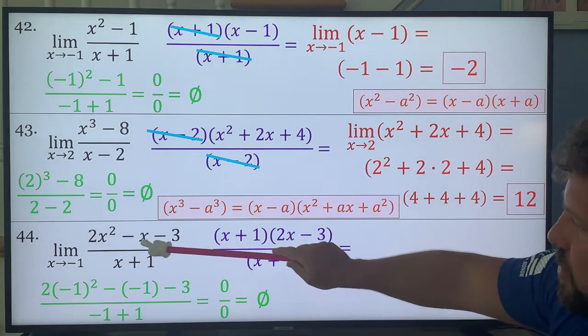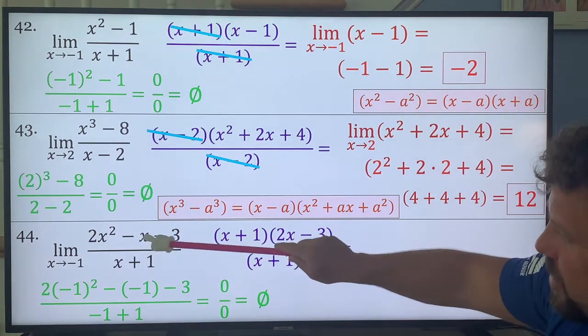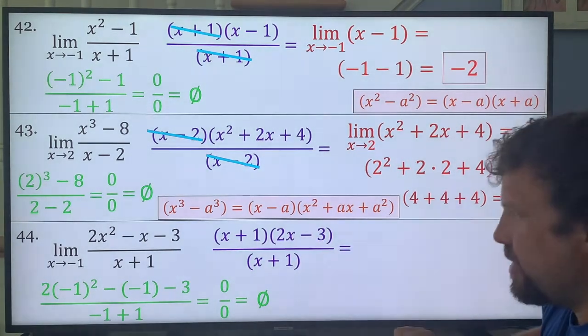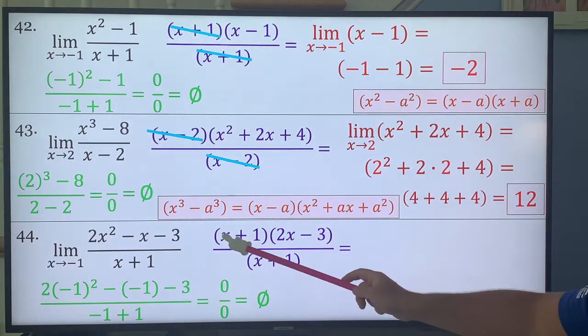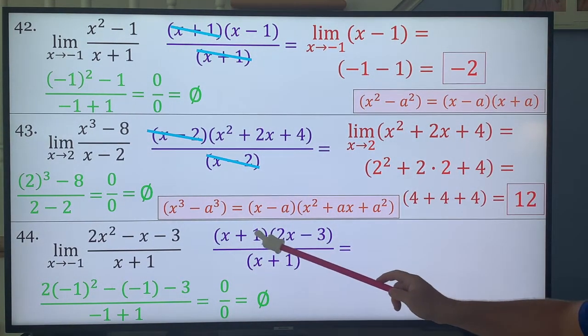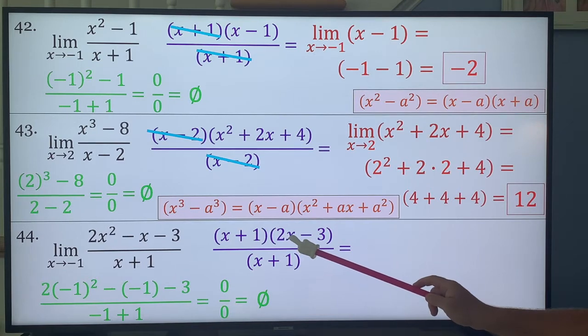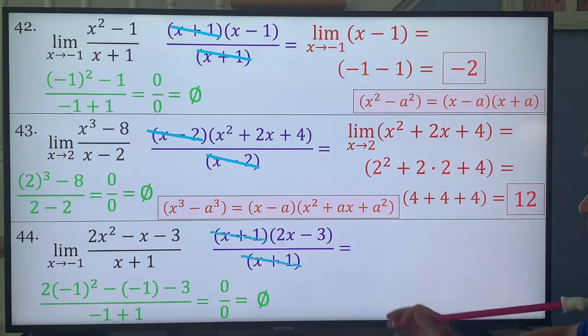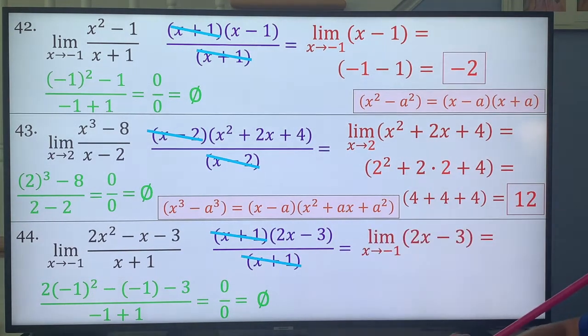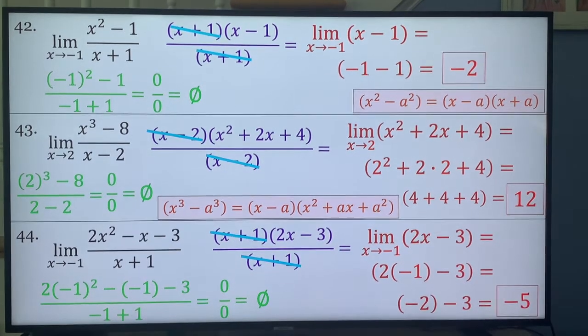So you have to figure out which set of these things getting multiplied and added together gives you negative x. So, negative 3x plus 2x is negative x. The x plus 1's cancel out, leaving you with 2x minus 3. You plug in your negative 1, and you get negative 2 minus 3, which is negative 5 as an answer. Don't worry, we're going to get more into those factorings.